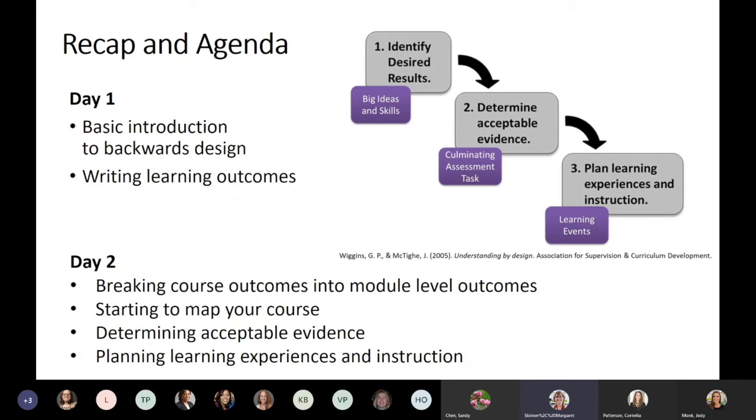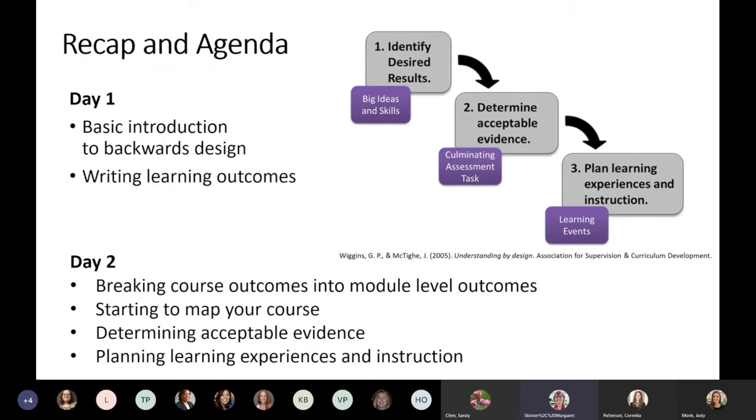So yesterday we just started with that very important part of thinking about your learning outcomes in terms of content and skill. What were the major things that you wanted your students to walk away with at the end of the course? And so what we're going to do today is start thinking about those individual course outcomes that you thought about for your homework, and breaking those down into module level outcomes.